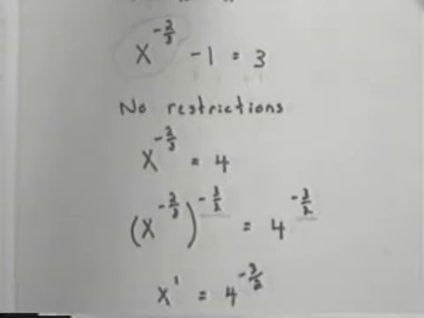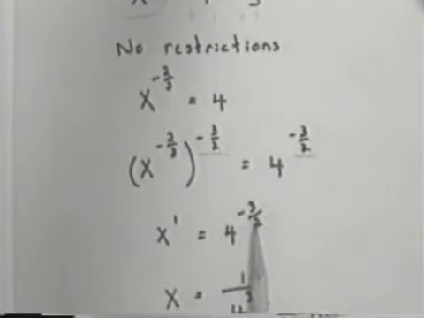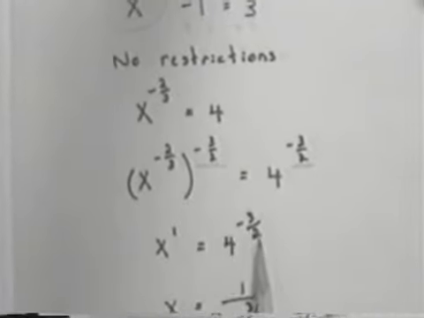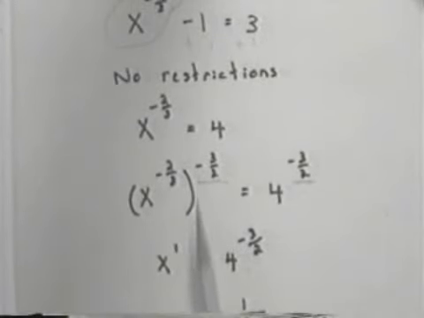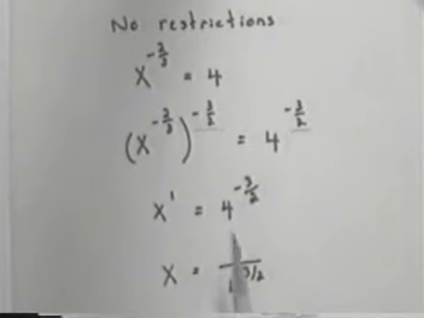Now that leaves me with x to the first power is equal to 4 to the negative 3/2. Negative times negative is positive. That would be 6/6 or 1. So I get x to the first, and I'm leaving this 4 to the negative 3/2. Now x is fine. But a negative exponent tells me to take the reciprocal of the base.